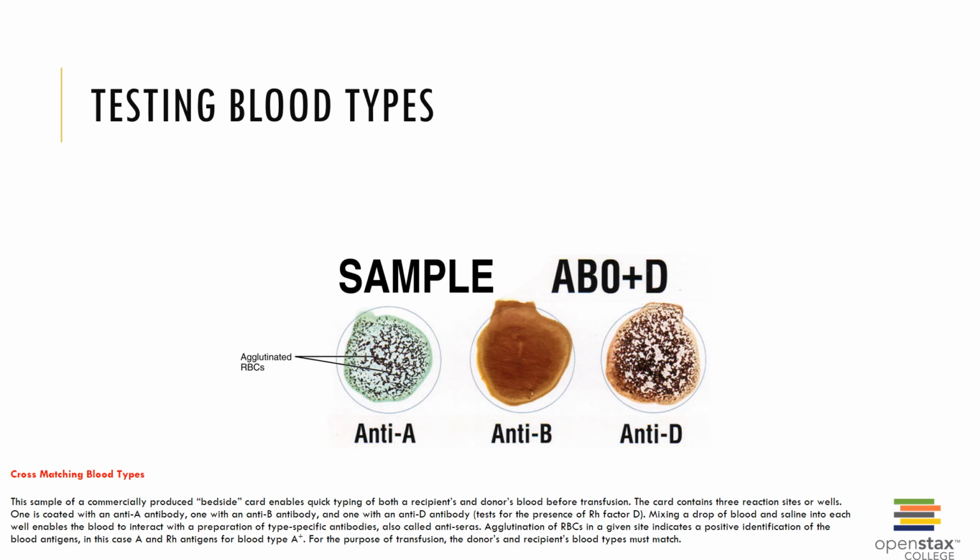Testing blood types involves looking for the type of antigen that is present on the surface of the red blood cell. We can take a sample of known antibody, like anti-A, anti-B, or anti-D, and place an unknown blood sample in that solution of antibody and look for an agglutination or clumping reaction.